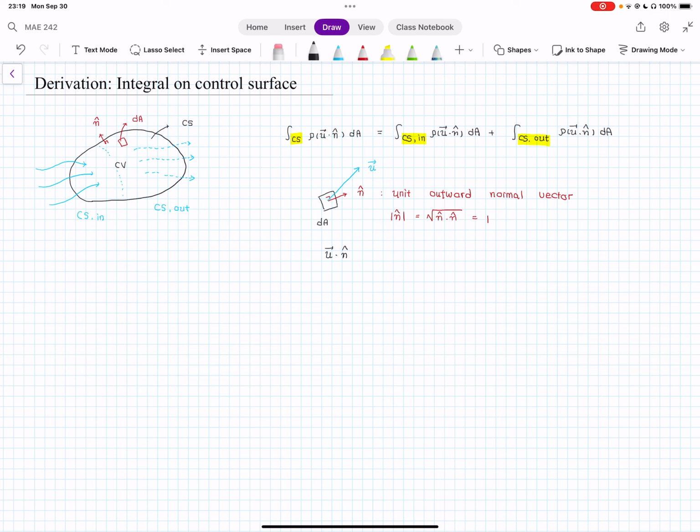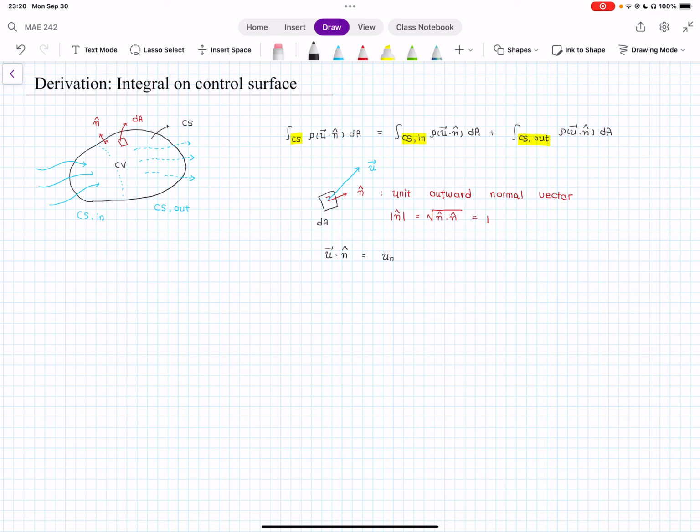I'm going to call this normal component un, the normal component of fluid velocity projected along the normal direction of the control surface, because only this normal component contributes to the change in the surface mass flow rate.